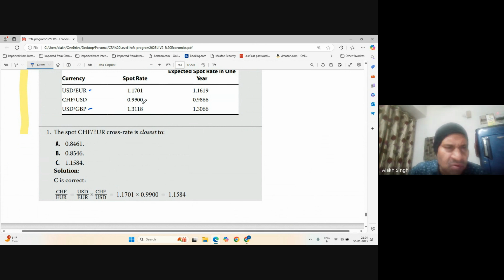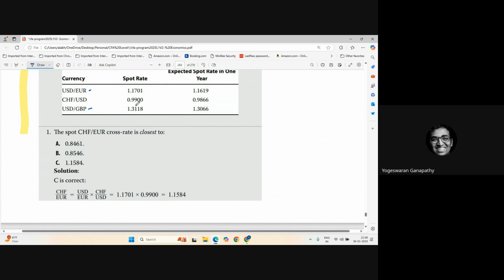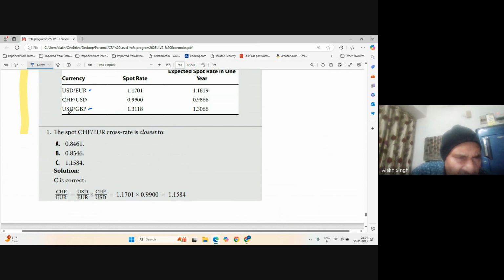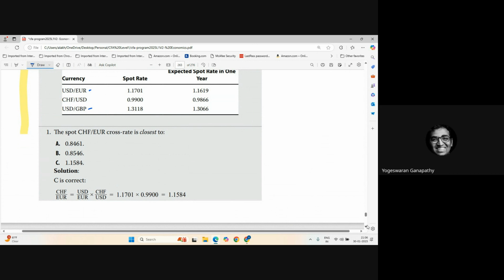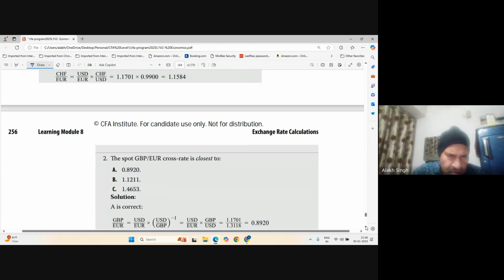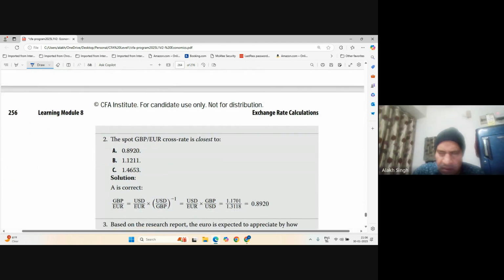GBP by euro has to be in the bottom, so euro will be this 1.17. Which one is stronger? GBP is 1.31 and euro is weaker. So yes, 1.17 divided by 1.31, so 0.891, 0.8920 is correct.